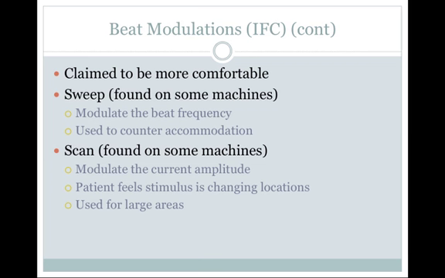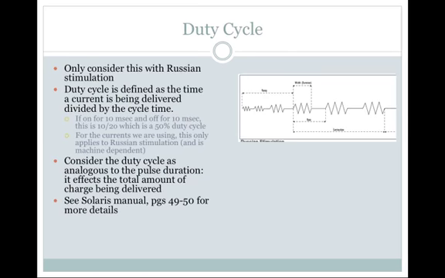And then a scan, which modulates the current amplitude. In other words, it makes the current amplitude go up and down a little bit. And then the patient feels like the stimulus is changing locations a little bit. So you have the big setup with 4 different pads, and it'll feel like to them that it's scanning or moving. Typically that's used for a larger area, but that's all we're doing with those things.